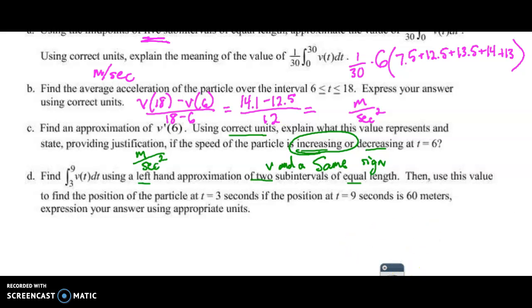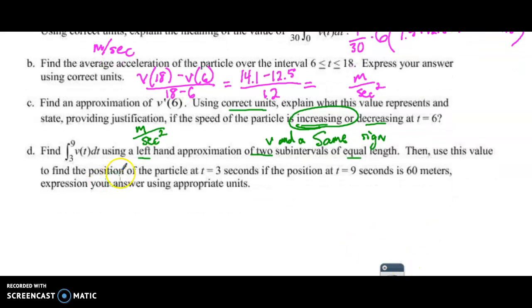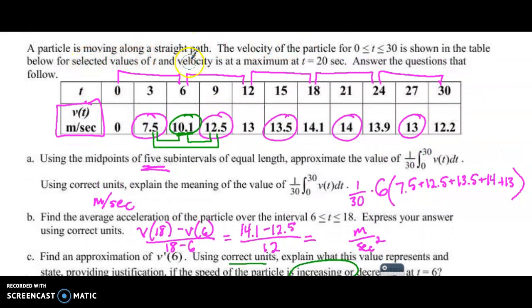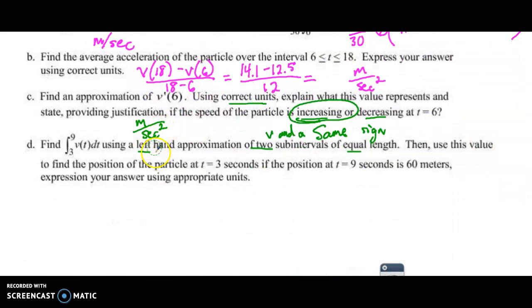I really wish I had an answer key on this one. I guess we don't have one. Oh, I see, here's your clues.